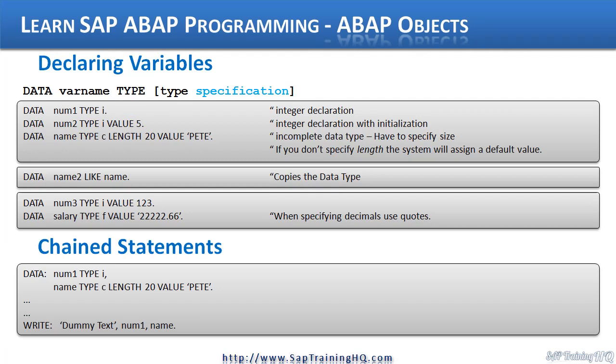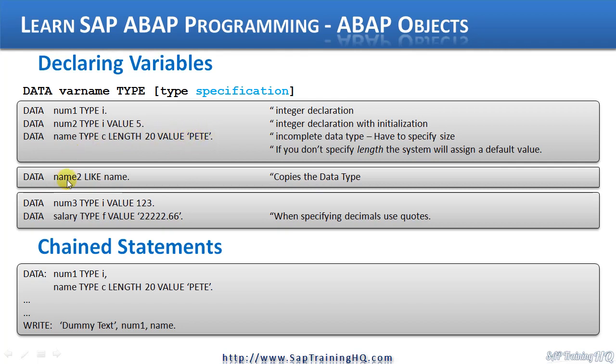Next, we have the DATA name, type C, and here, this is an incomplete data type, so we're having to specify the size. We're doing a size of 20, and then we're initializing it with a value of Pete. And as you can see, because it's a character string here, type C, we're having to put the contents within single quotes.